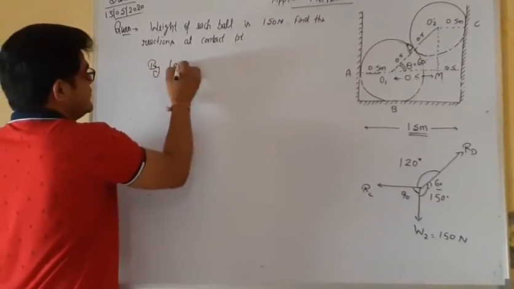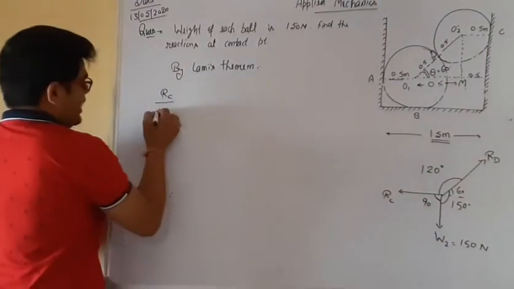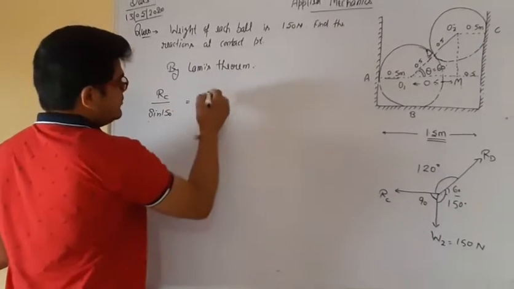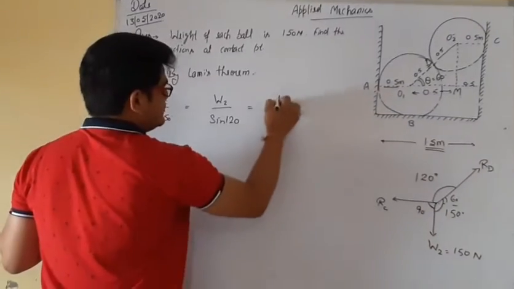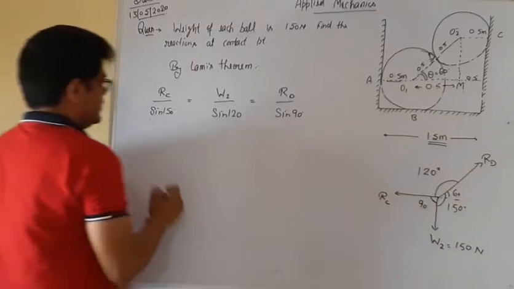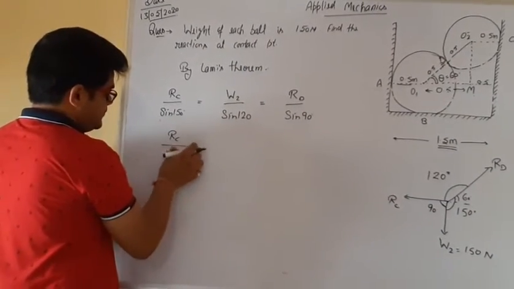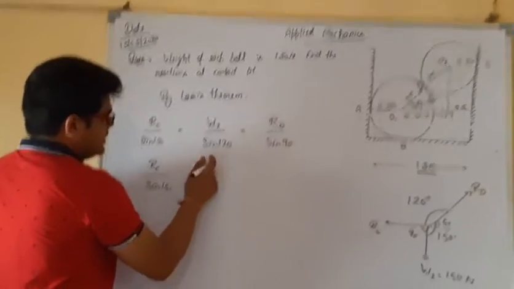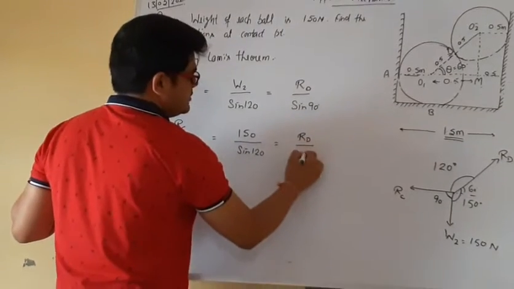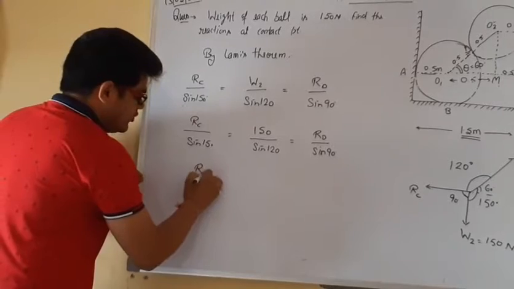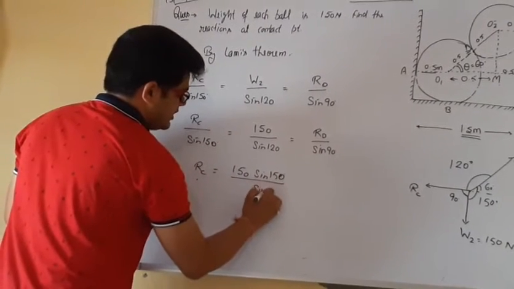By Lami's theorem, RC upon sine 150 equals W2 upon sine 120 equals RD upon sine 90. So RC equals W2 times sine 150 upon sine 120, which is 150 times sine 150 upon sine 120.